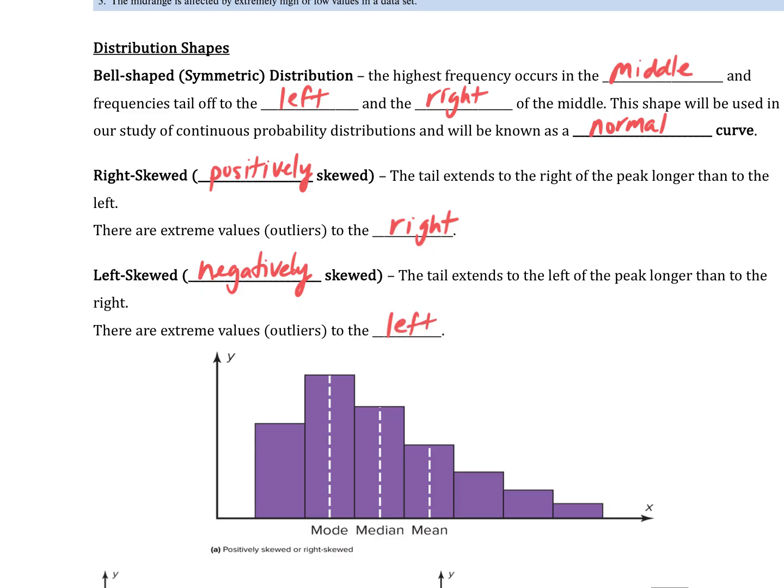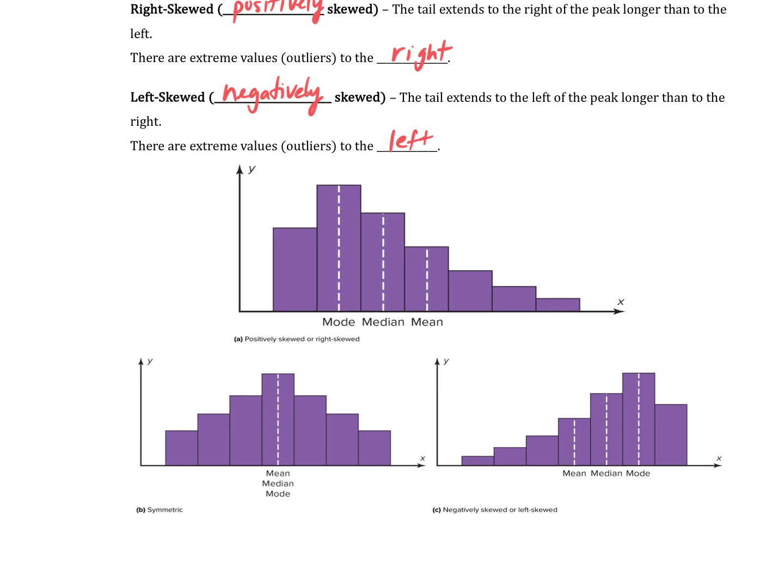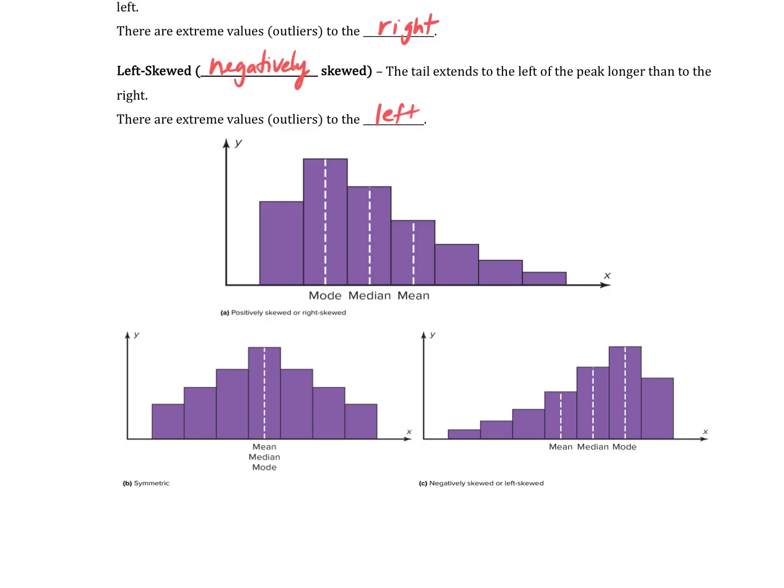So this is a visual, and you need to be able to look at these and determine, if I give you these distributions, roughly where the mean, median, and mode are. Okay? So you need to know that when it is right or positively skewed, your mode obviously is always going to be the easiest one. The median is pulled to the right of the mode, and the mean is pulled even further right.